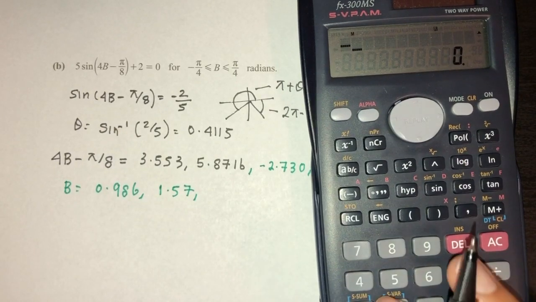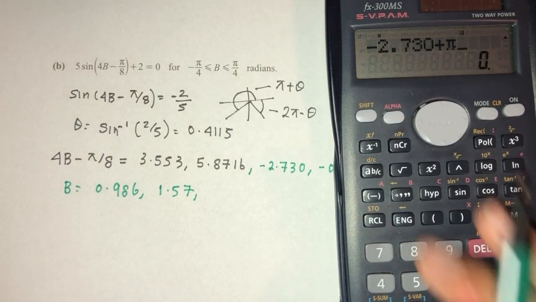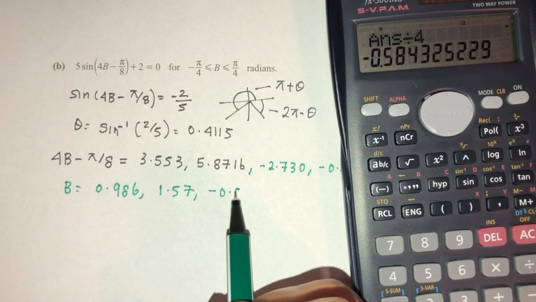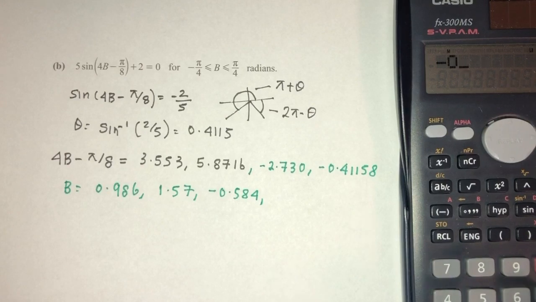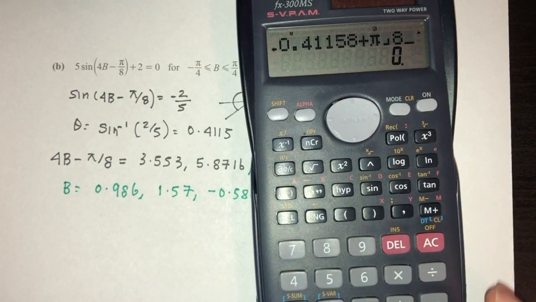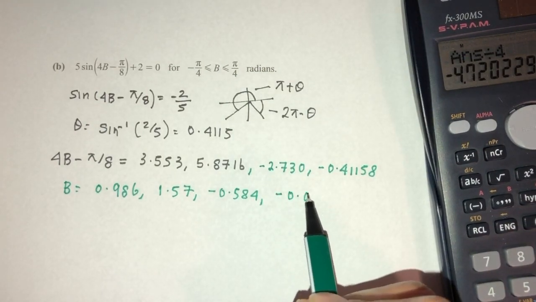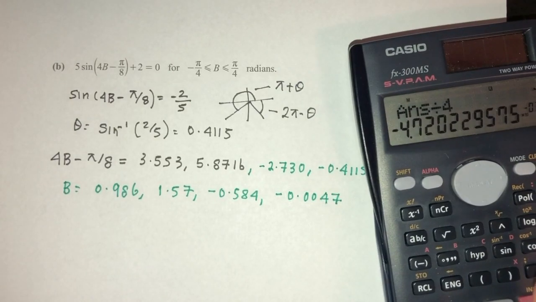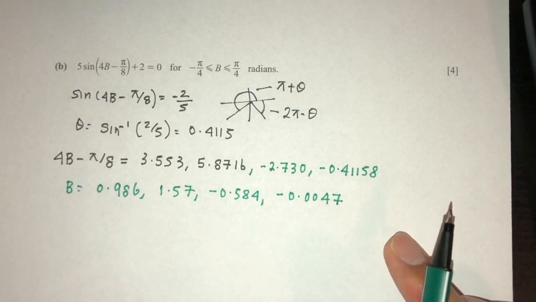Then we have minus 2.730 plus pi over 8 divided by 4, minus 0.584. And then we have minus 0.41158 plus pi over 8 divided by 4. That should be minus 0.0047. Okay, so that will be the possible answers for your question.